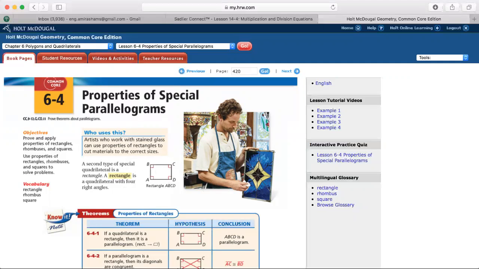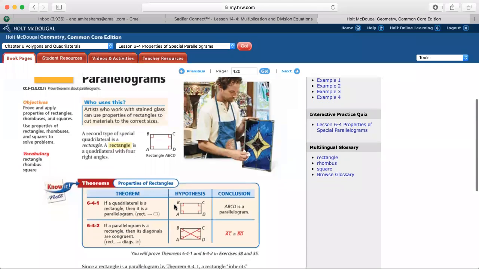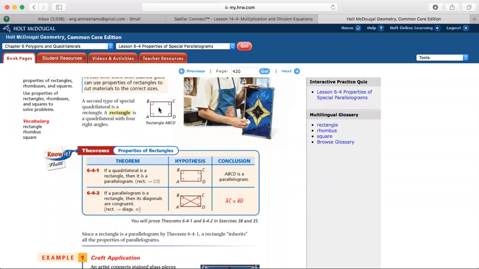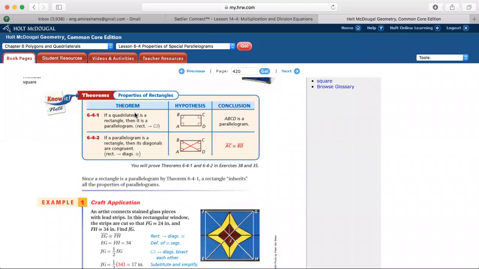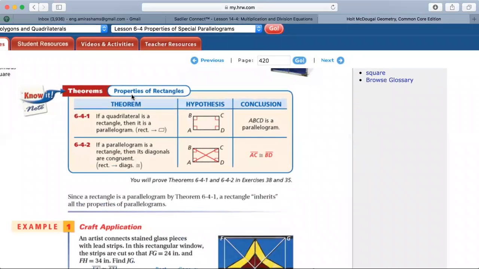So they all have the same properties of the parallelogram, but the only difference between rectangle and parallelogram is that all the angles of the rectangle, each one is 90 degrees. Okay, let's start to learn the properties of the rectangle. Theorem 6-4-1. If a quadrilateral is a rectangle, then it is a parallelogram.